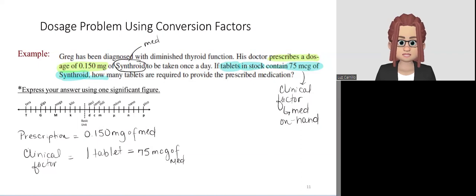Whenever we're dealing with dosage problems, in other words, clinical problems, one of the first things that we must do, specifically if we're given a prescription of how much medication to give, and we have a clinical factor, meaning the medication that we have on hand, we need to determine, do the units of each of them match? When we look closer at this problem, we can see that the prescription is in milligrams, while the clinical factor is in micrograms.